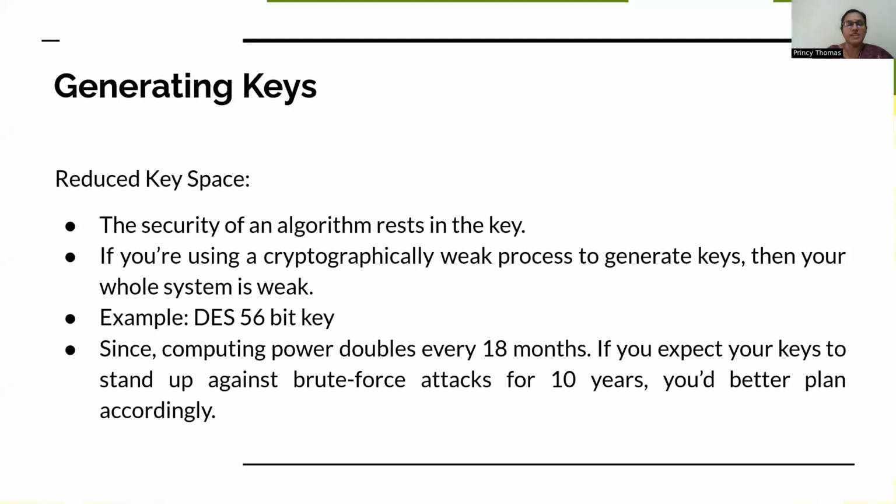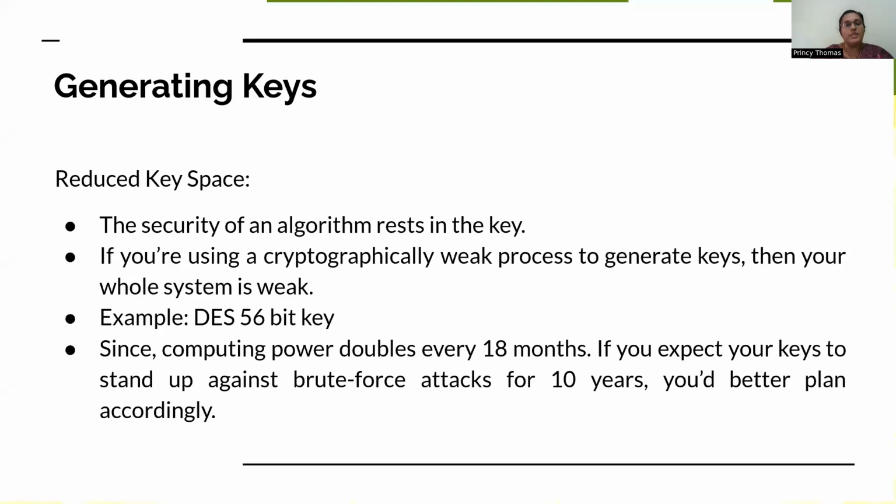One such example is the DES 56-bit key. It was deemed insecure, and now we use triple DES. The biggest hindrance to cryptanalysis is that present computers do not have that kind of capability.